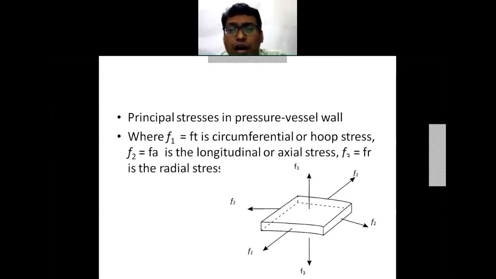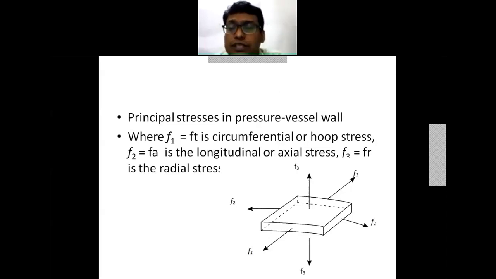Understanding these circumferential, tangential or hoop stresses, with the addition of longitudinal and axial stresses, is very much essential for this subject.